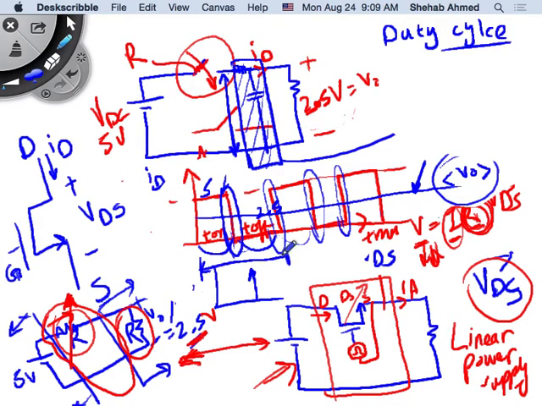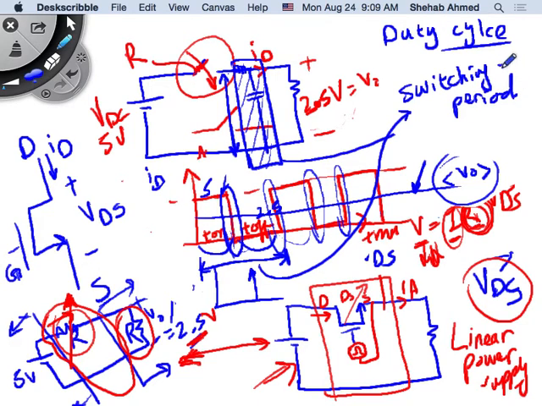The full cycle time is called the period, the switching period, and we typically use the variable TS. Within this switching period, the device is on for a certain time or off for a certain time. It's complementary. And the sum of the time on plus the time off is TS, right?